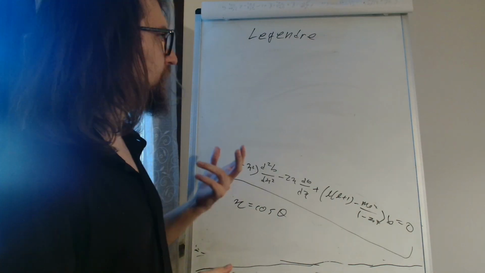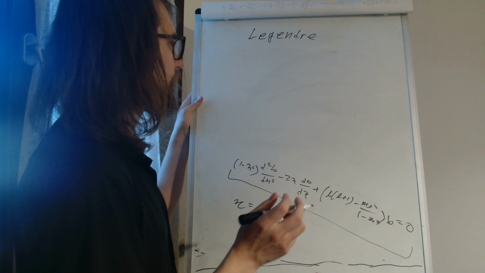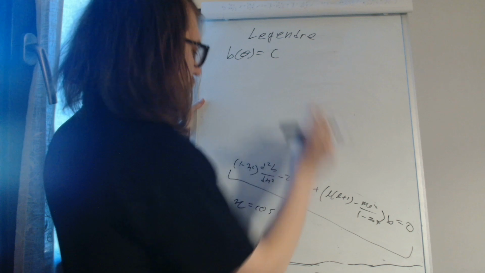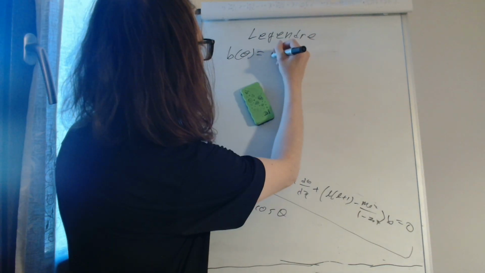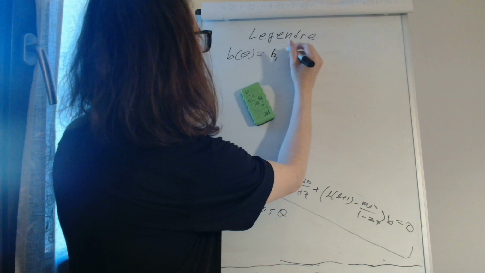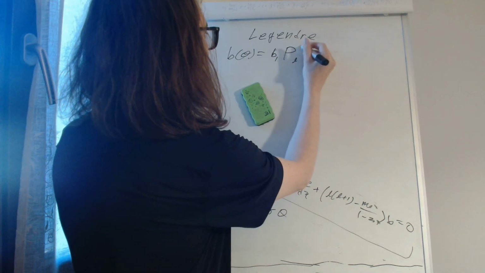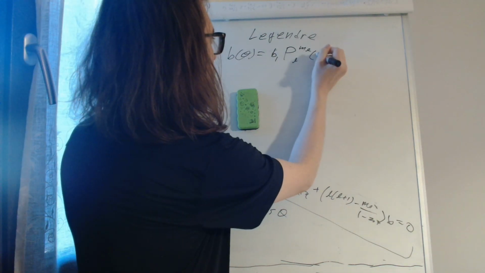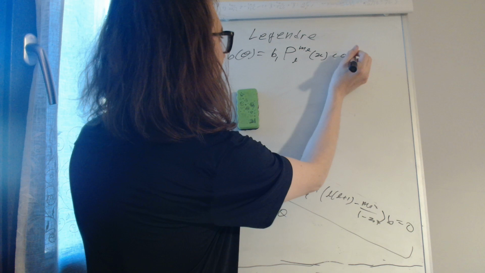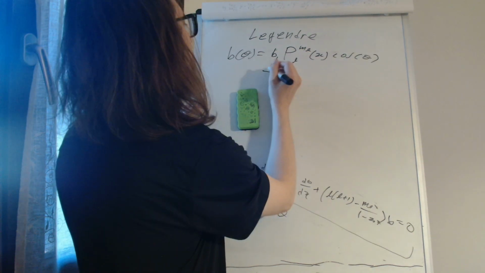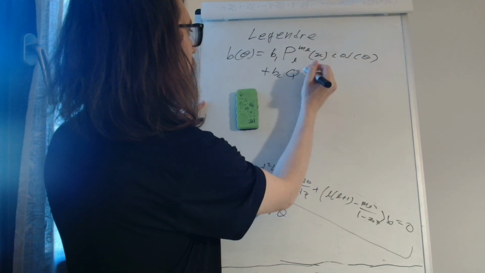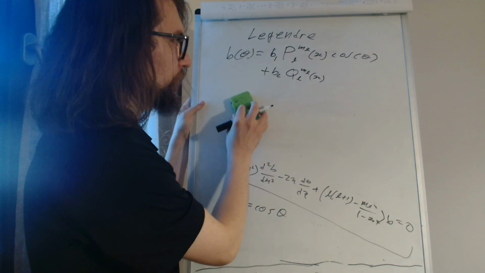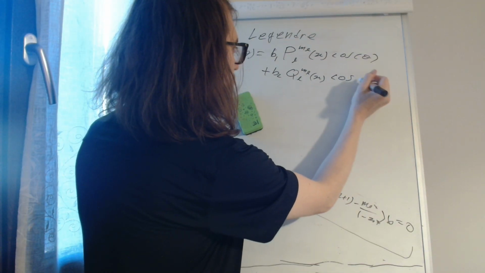The solution can be written in terms of the Legendre polynomials, like this: B of theta equals B1, a complex constant, times P_L^ml, the Legendre polynomial of the first kind, of cosine of theta, plus B2 times Q_L^ml of x, the Legendre polynomial of the second kind, of cosine of theta.